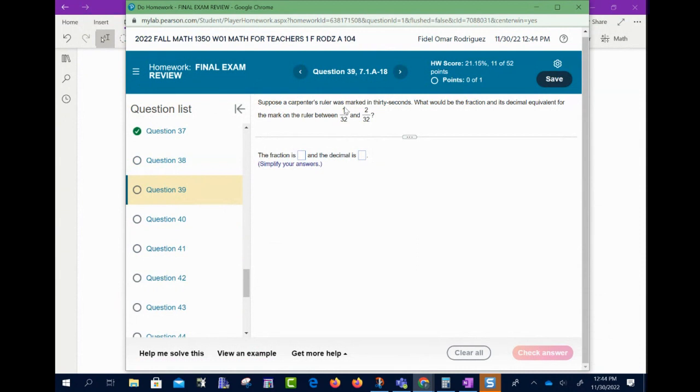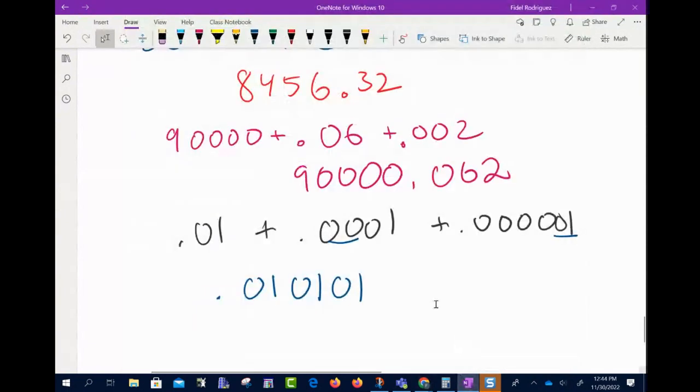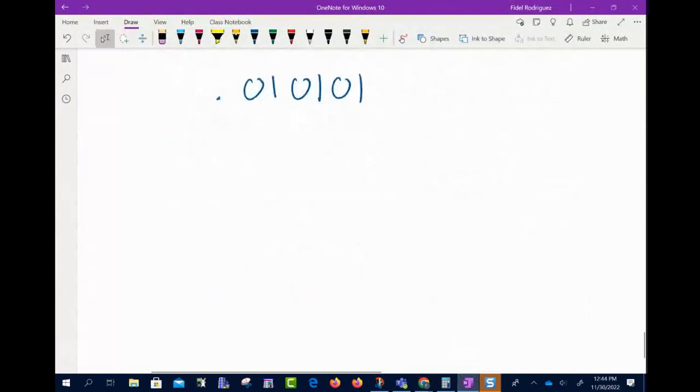Okay, it says, suppose a carpenter's ruler was marked in 32nds. What would the fraction and its decimal equivalent be for the mark on the ruler between 1/32 and 2/32? Okay, so y'all, what we're trying to do is basically find the average of those two numbers. So 1/32 and 2/32. The way we find the average of two numbers is we add them together and then we take half of it.